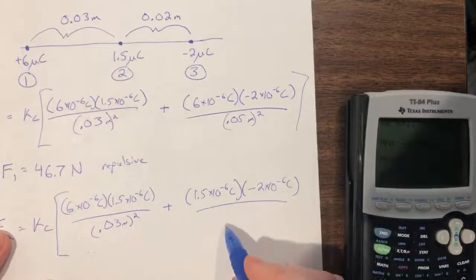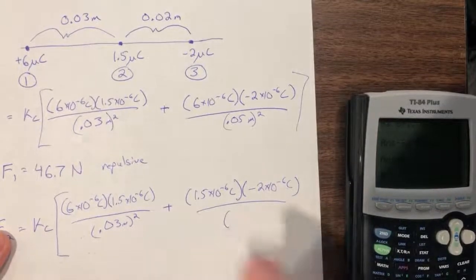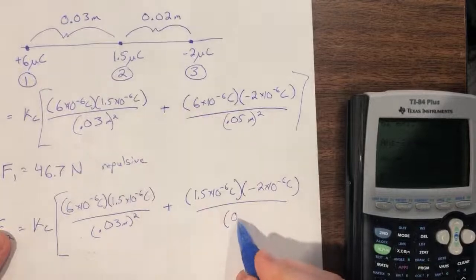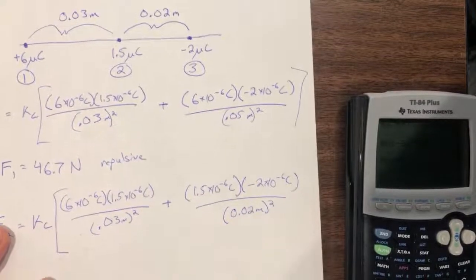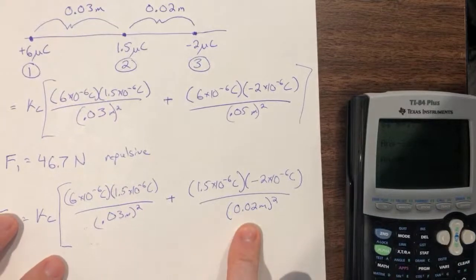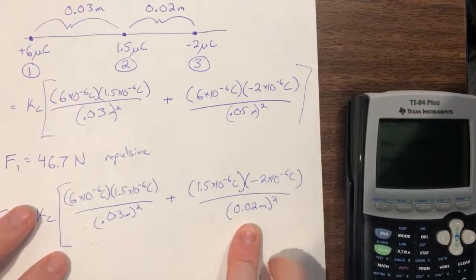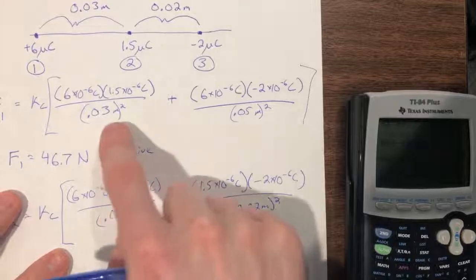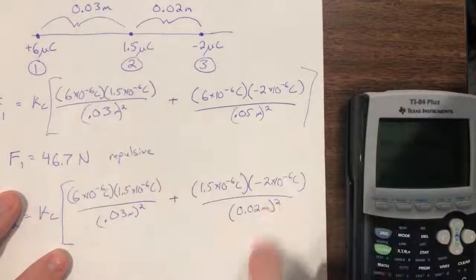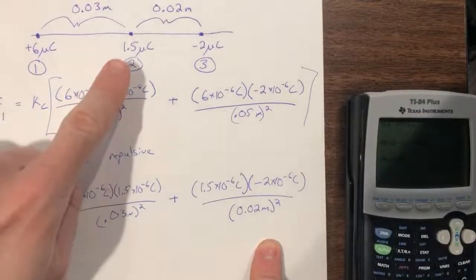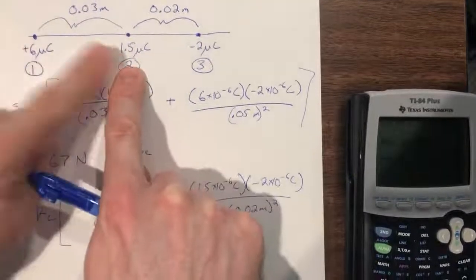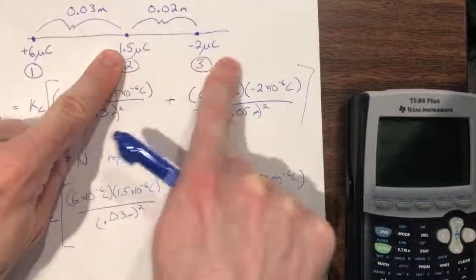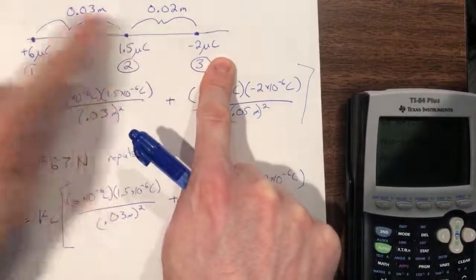Now, keep in mind the distances here are not going to be the same in every single problem. This distance is now going to be 0.02 meters squared. All right? So it's so easy to get confused as to what's what. Notice in this case, these two terms are the same, but these two terms are different. Why? Because we're taking the point of view of this point, and so obviously this is going to be the same, but this is going to be different from that.